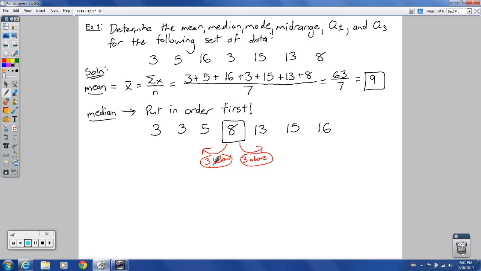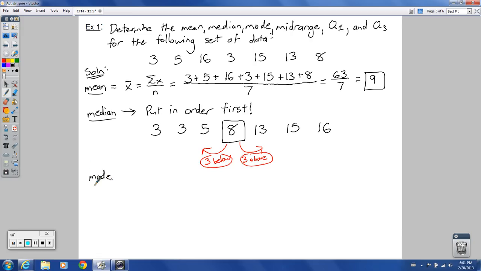That number doesn't always have to be 3 below and 3 above. If you had a list of 9 pieces of data, you would have 4 below and 4 above. If you had a list of 13, you would have 6 below and 6 above. If you have an even number of pieces of data, we're going to talk about that in the next example. That one's slightly trickier, but it's still pretty easy.